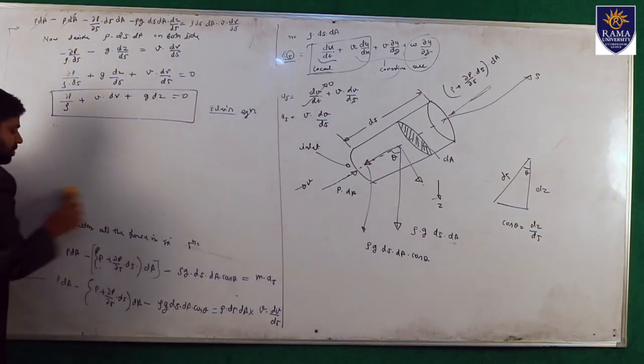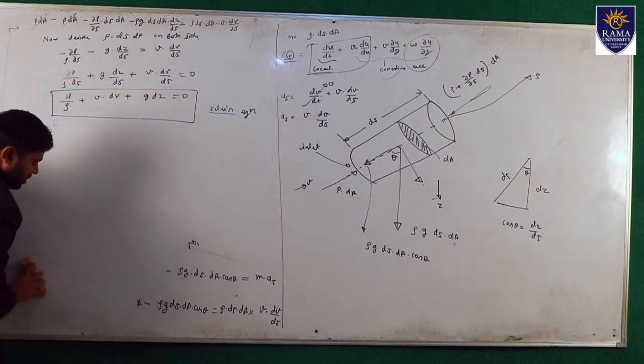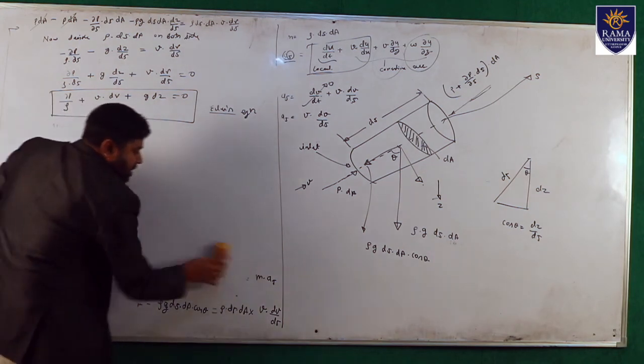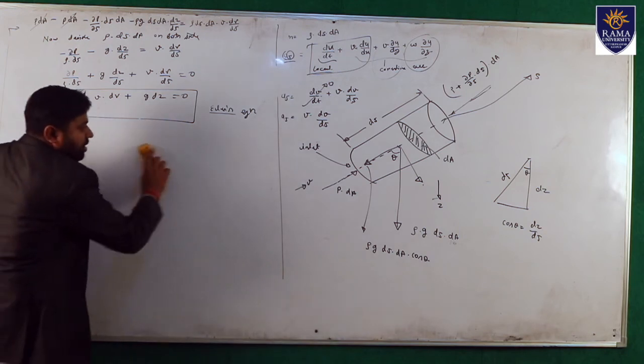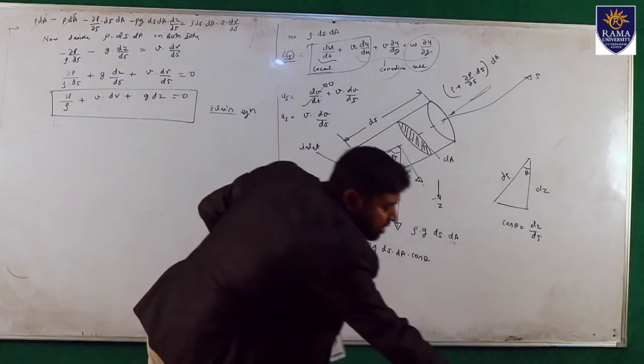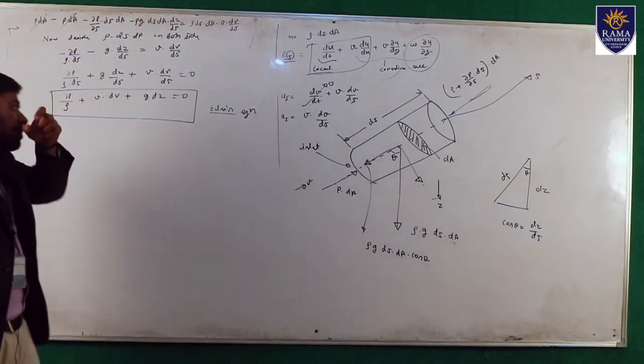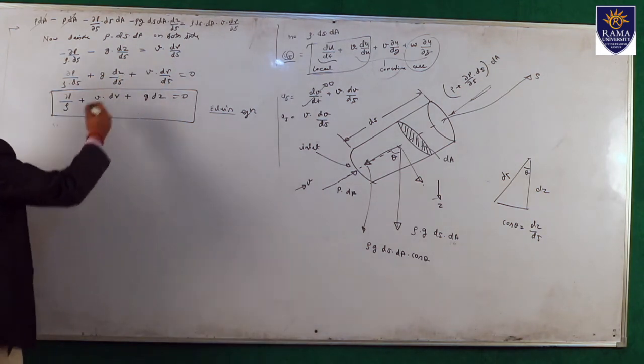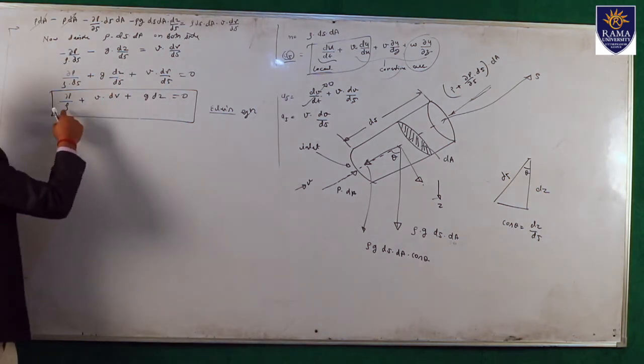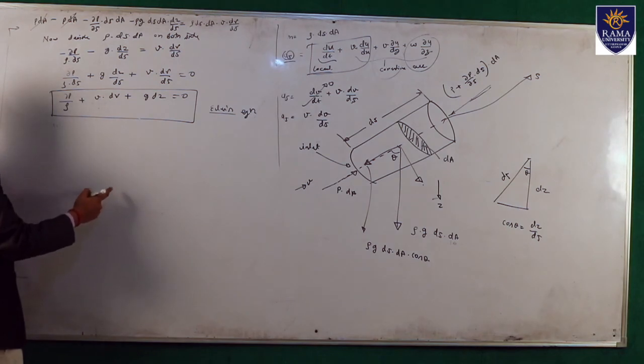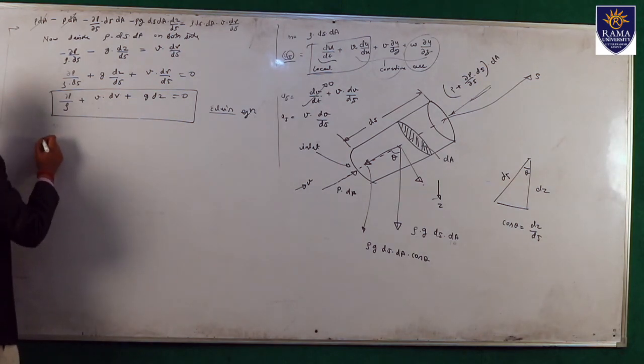So generally examinations will ask to derive the Bernoulli equation from the Euler equation. So what will become? Integrating each and every part with the help of mathematics.